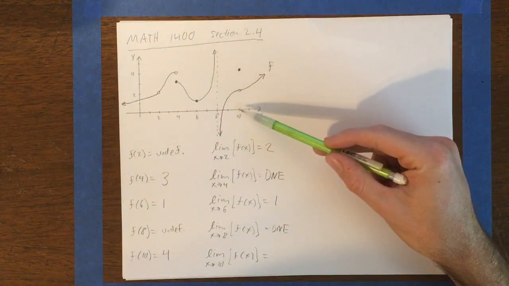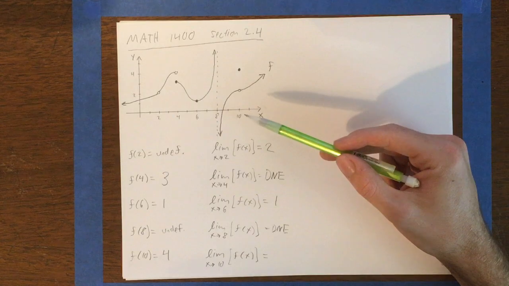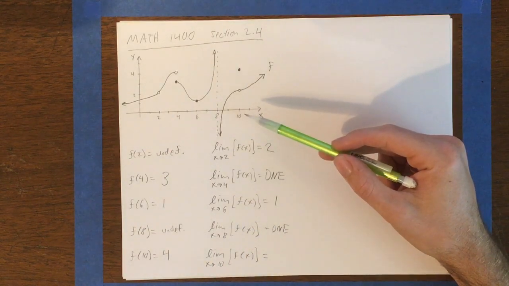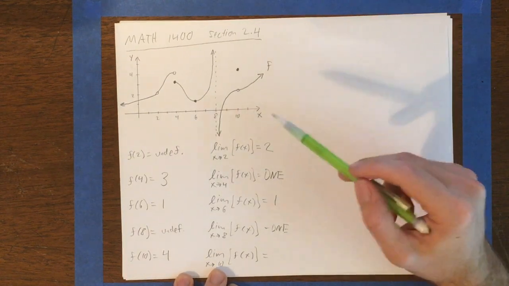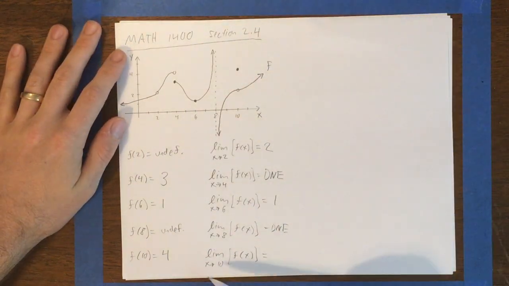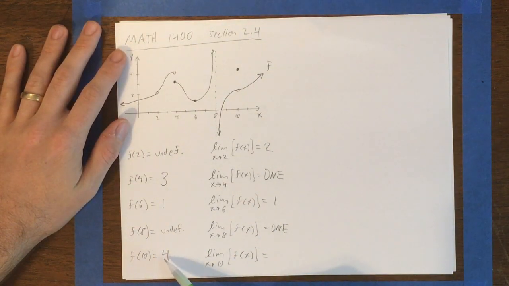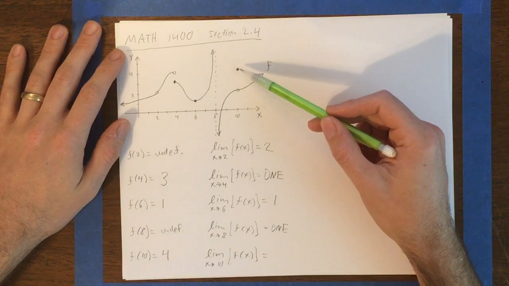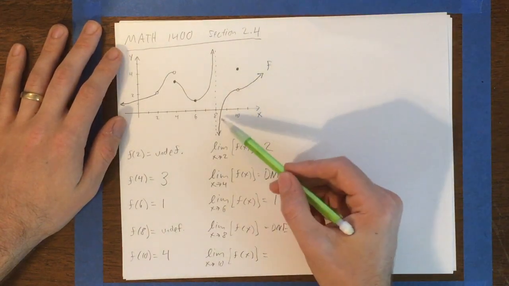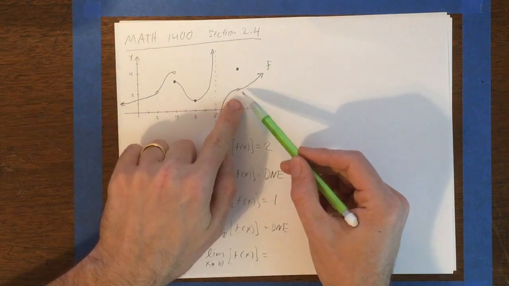In this situation, what the limit really cares about is what's going on near the value that x is approaching. So what's going on near 10, not at 10. We don't care what's happening at 10. And this example really highlights that, because we can see that at 10, the function value is 4. But that has no bearing on what the limit value is. The limit value is what the function is approaching as we get close to 10, and that is clearly 2.